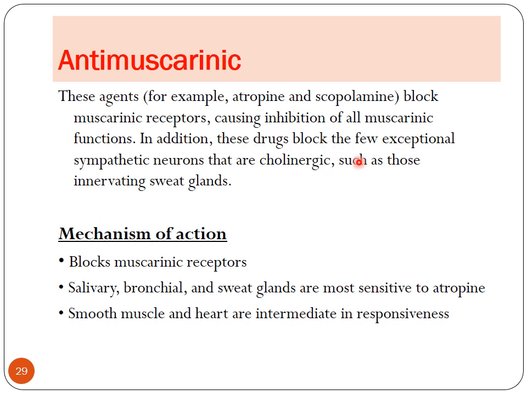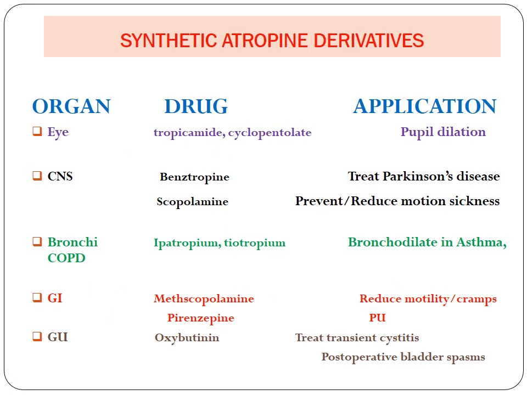In addition to that, it is also going to block a few exceptional sympathetic neurons that are cholinergic, especially the sweat gland. So the secretory glands are highly sensitive to atropine, while the smooth muscle and heart are intermediate in their responsiveness.